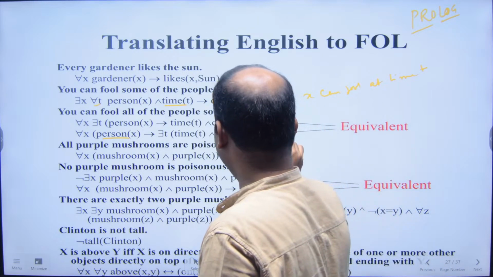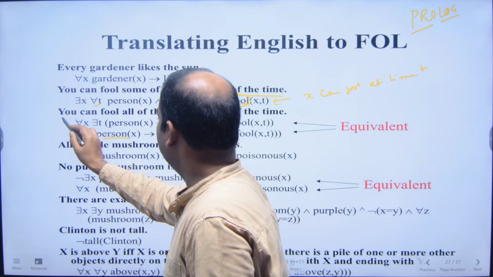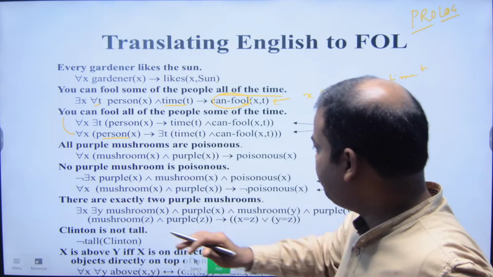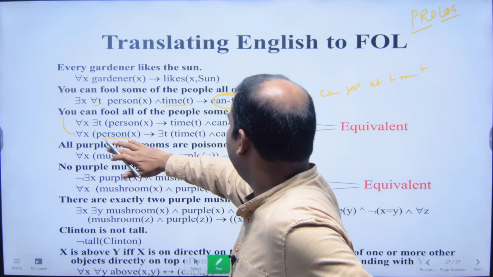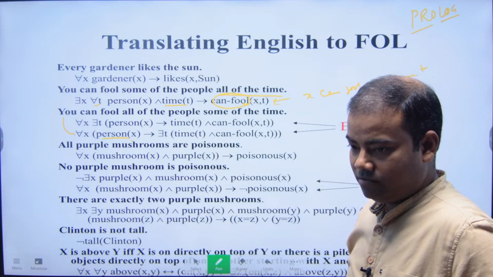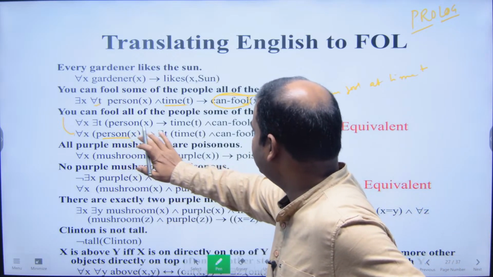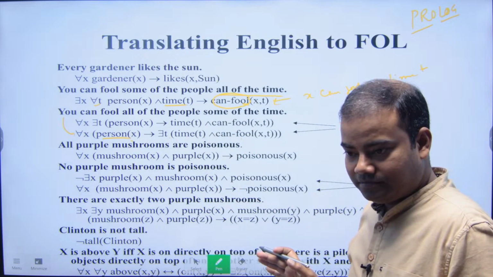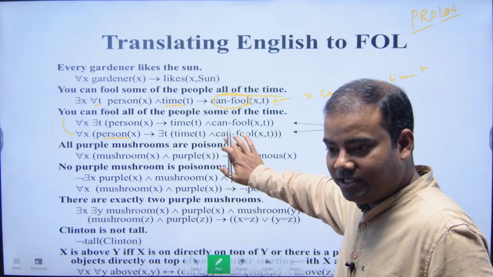This representation is easy. If he is a person, it means for every person, at some time you can fool. For every person, at some time you can fool. Is it clear? So this is easier.